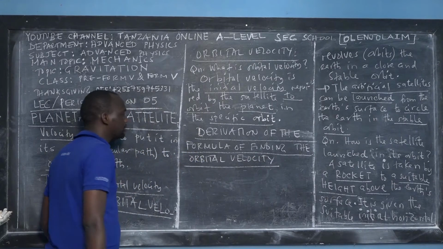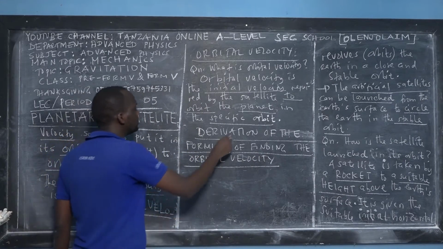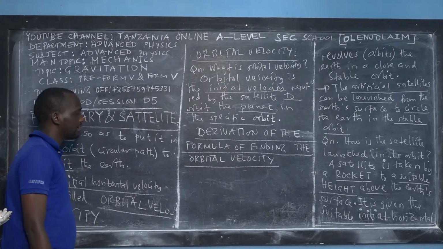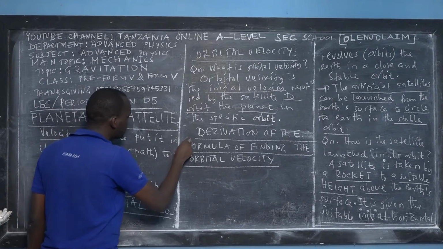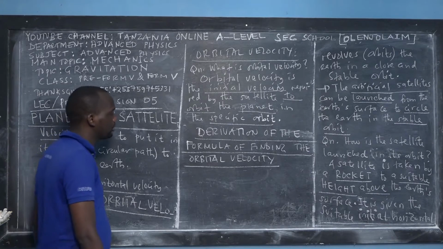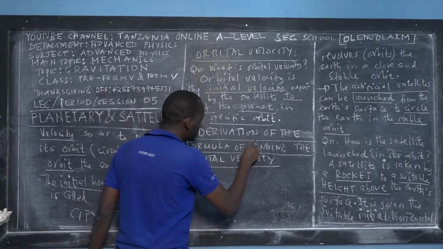So let us learn how we can derive this orbital velocity, or the formula for finding the orbital velocity.